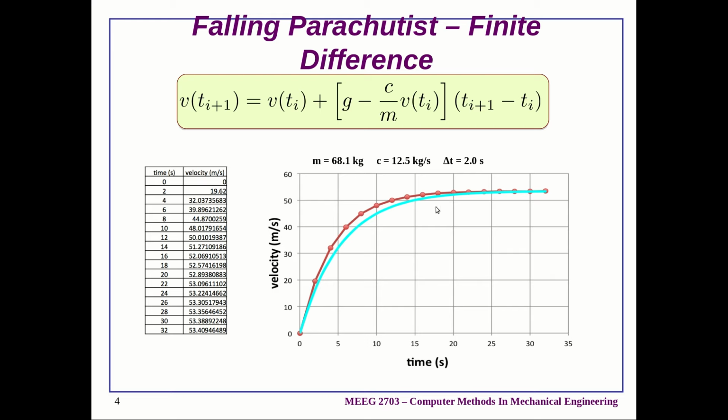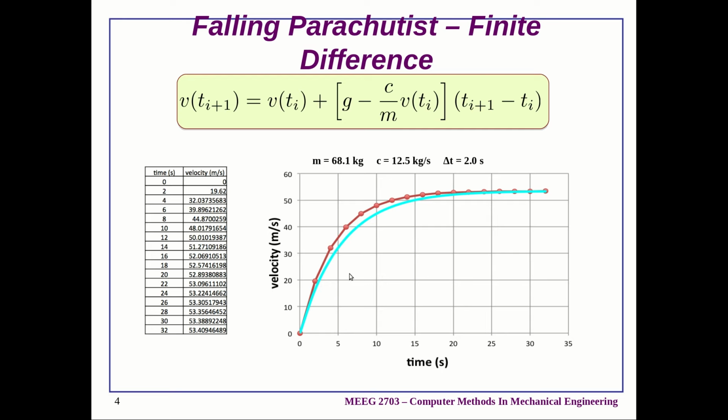There's some error, but it seems like the numerical approximation at least converges to the same general terminal velocity as the exact solution. And over here this table is showing the actual computed values for these red points at the different time values.